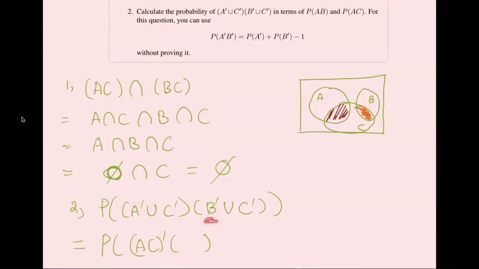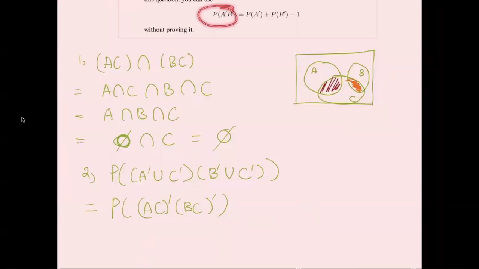What is B complement union with C complement? Yes, BC complement. So do you see that it looks like this formula? It is probability of some set complement intersect with another set complement. So this A complement is matched with AC complement, and then B complement is matched with BC complement.